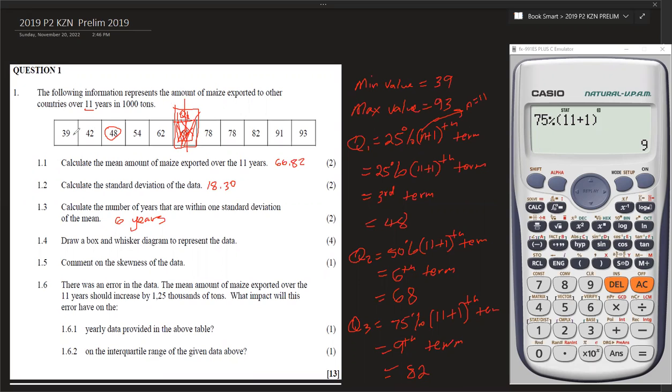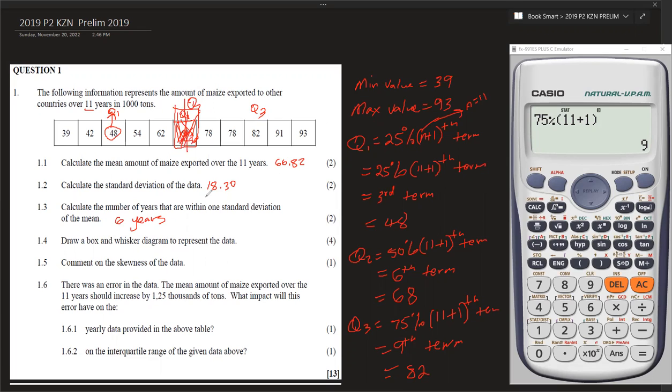So I have 1, 2, 3, 4, 5. So the middle one is term number 3. So this is Q1. Then Q3 will be here. Don't include the median, Q2, when you do Q1 and Q3. So Q1 is the median of this side, and Q3 is the median of that side.